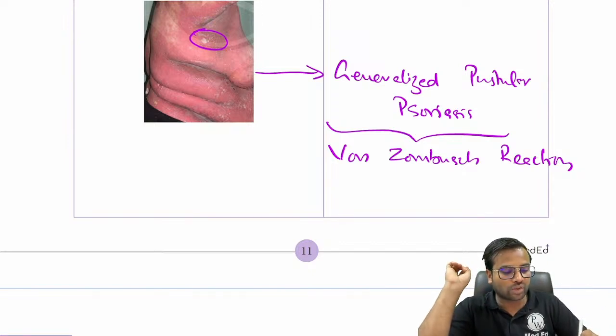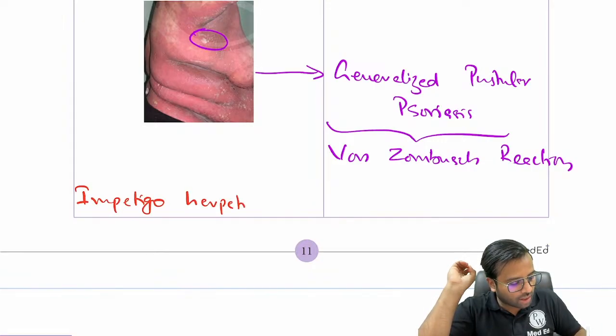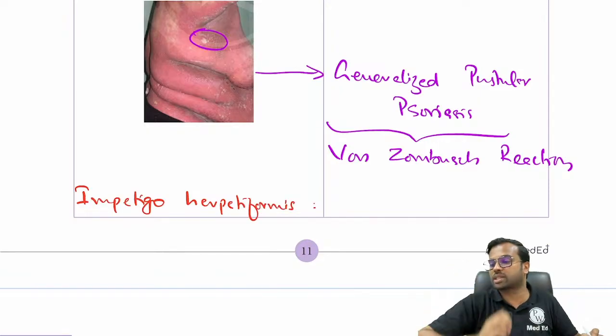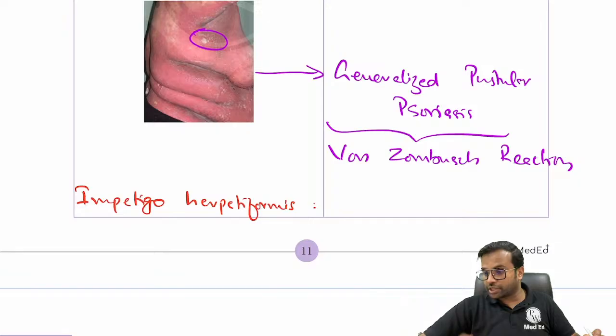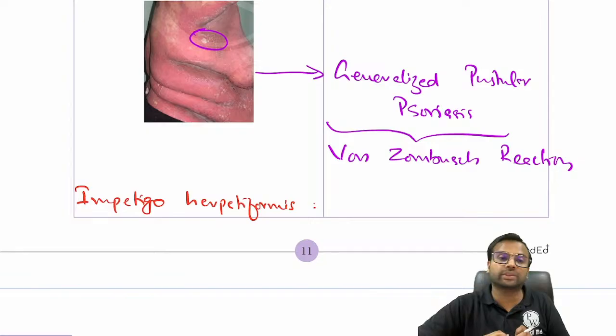In that case, why did someone mention impetigo herpetiformis in the chat box? Impetigo herpetiformis was mentioned in the chat box just now. So Rishabh, Harsh, Sneha, all of you are right. Now, what about impetigo herpetiformis? Dr. Mondal told about impetigo herpetiformis.